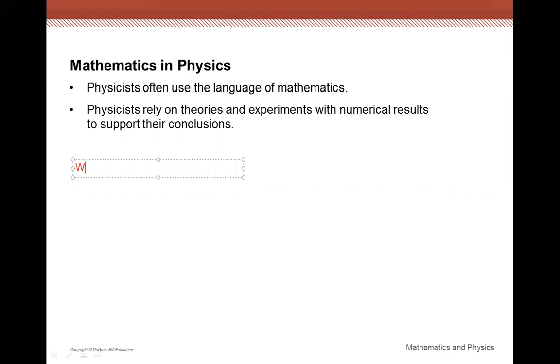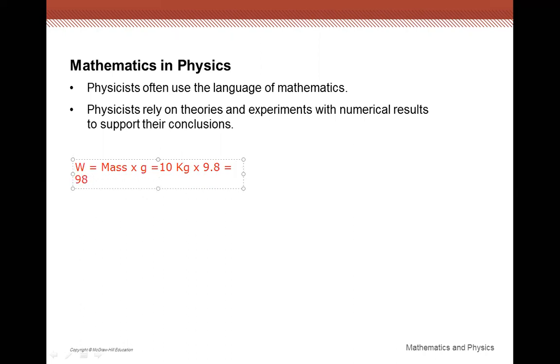So weight equals mass multiplied by gravity acceleration. Then he is going to substitute a numerical value, which is 10 kilograms, for example, multiplied by 9.8, which is the constant number for the gravity acceleration, and it will be 98.